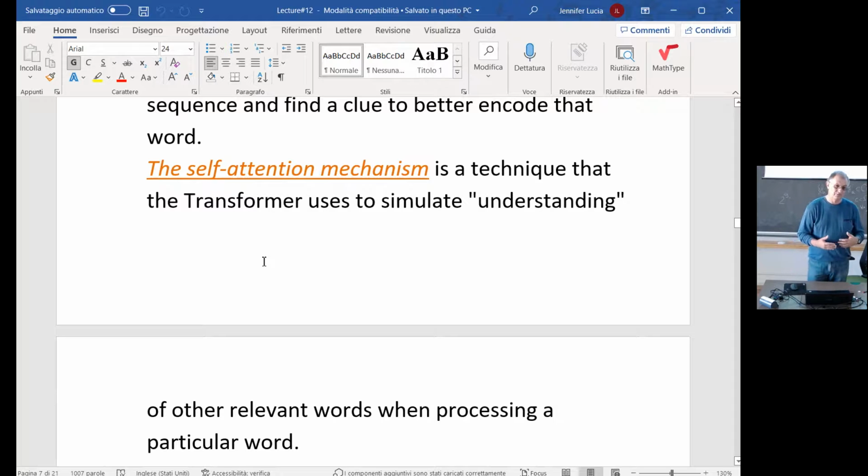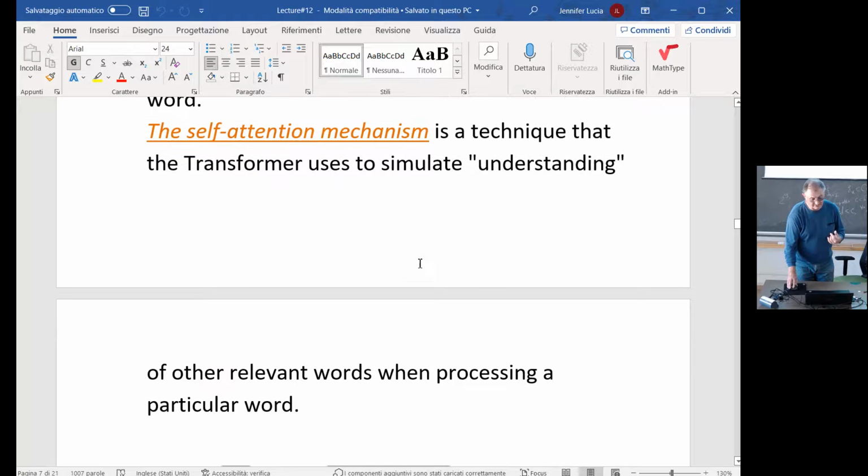Encode in the sense of make some numerical characterization vector for it to pass to other layers. And on the decoder, we should assemble the other phrase in other language. So we should have some characterization.